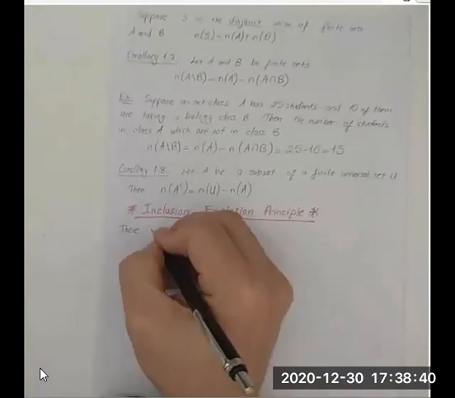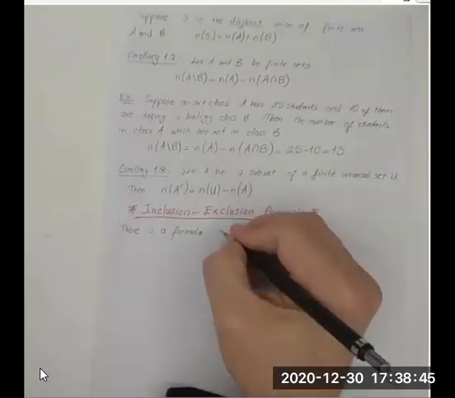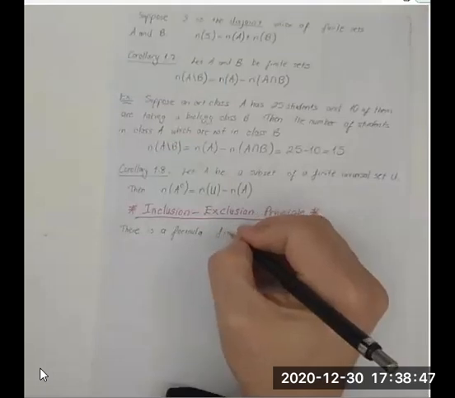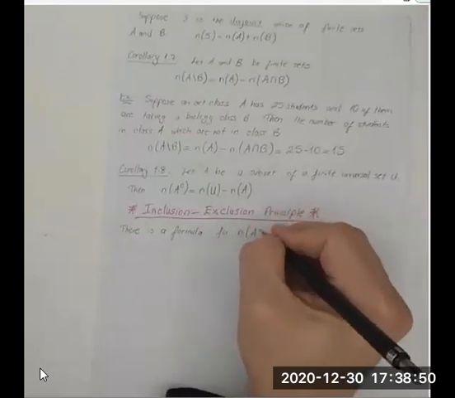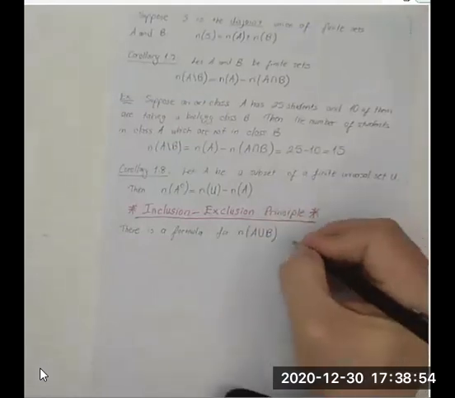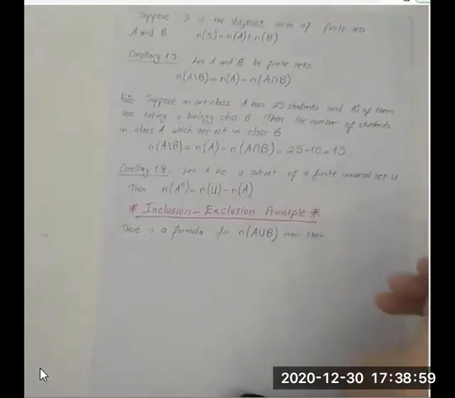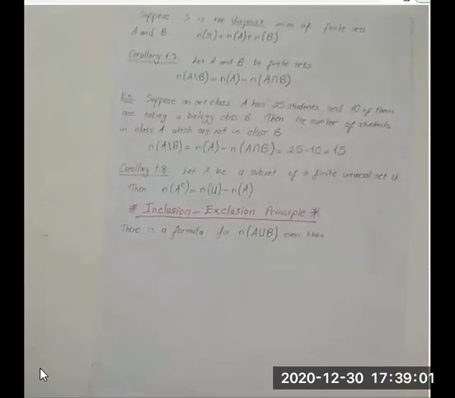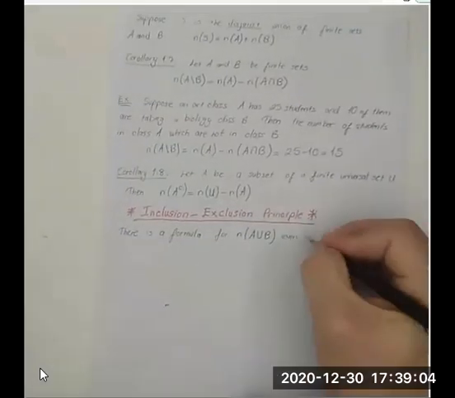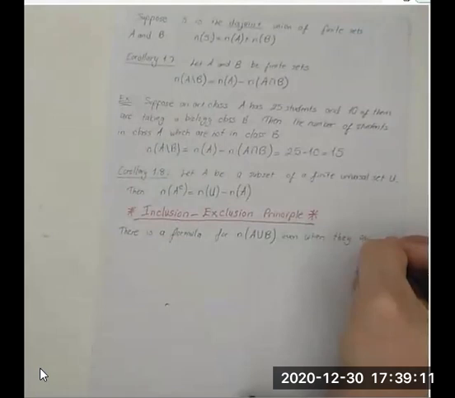There is a formula for the number of A union B even when they are not disjoint.